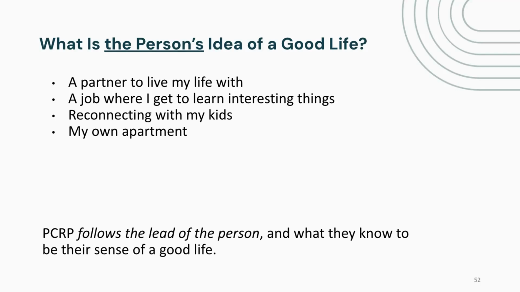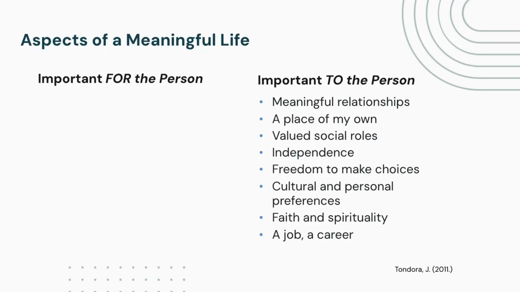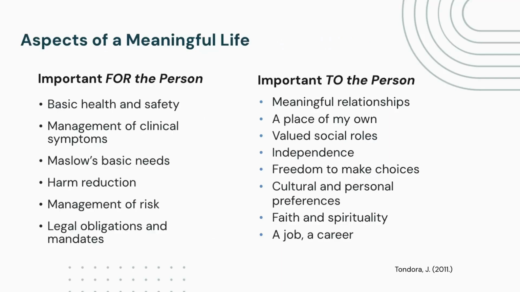PCRP follows the lead of the person and what they know to be their sense of a good life. In order to follow the lead of the person, we need to understand who they are as a whole person in the community that they want to be a part of. In person centered care, we address what might be considered important for the person and important to the person.